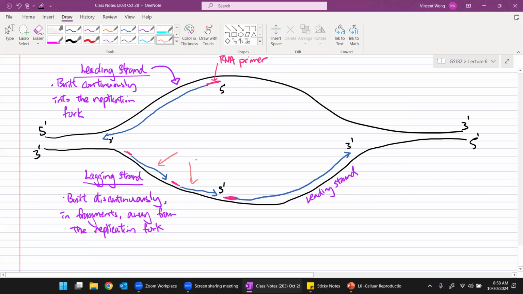It's named after the scientist who discovered them, Okazaki.